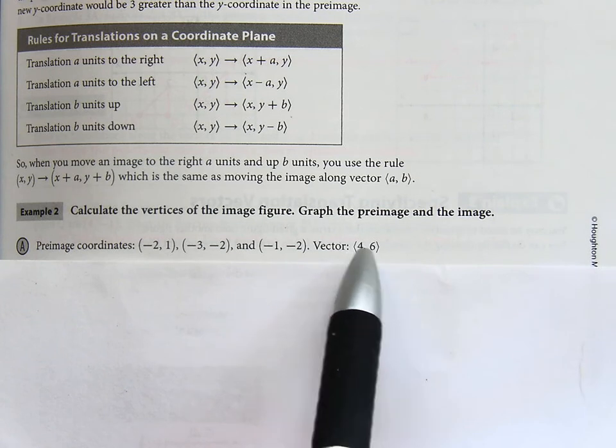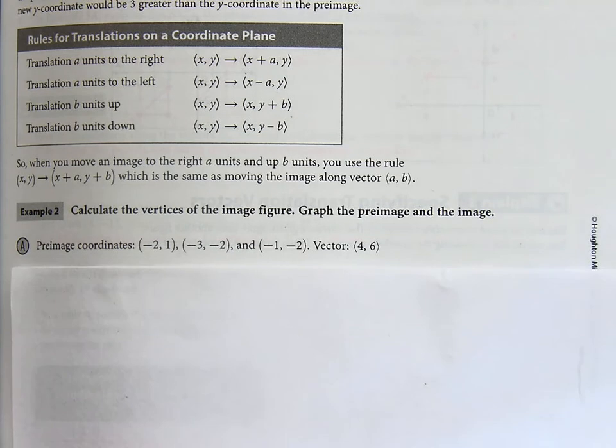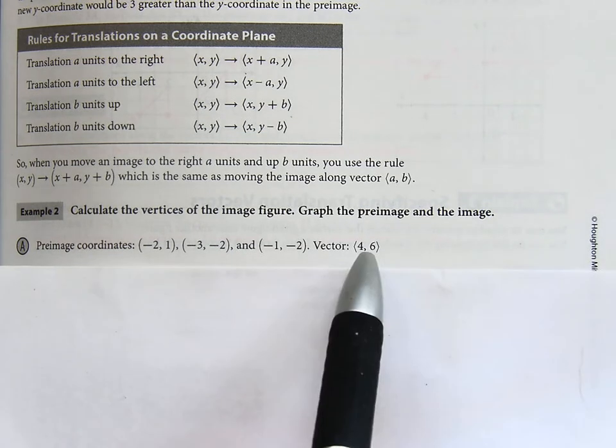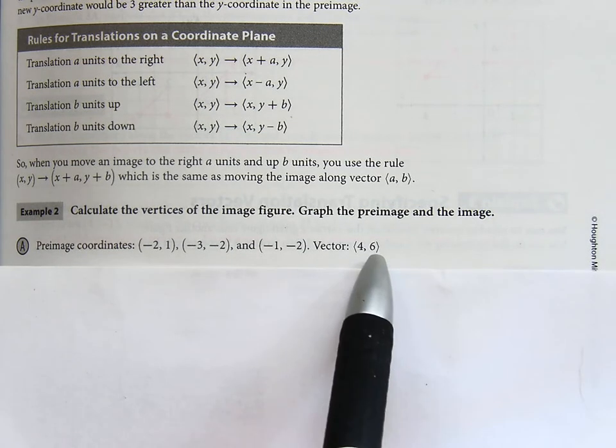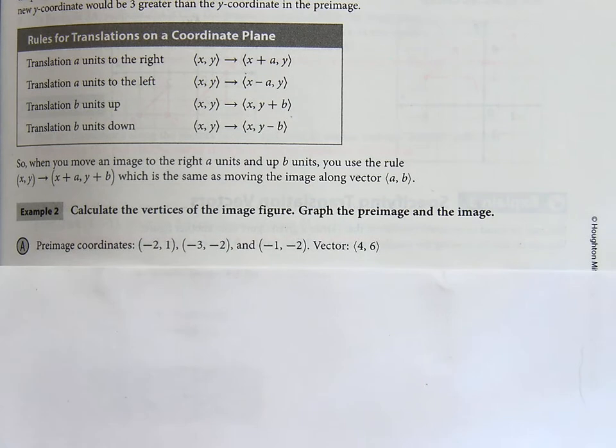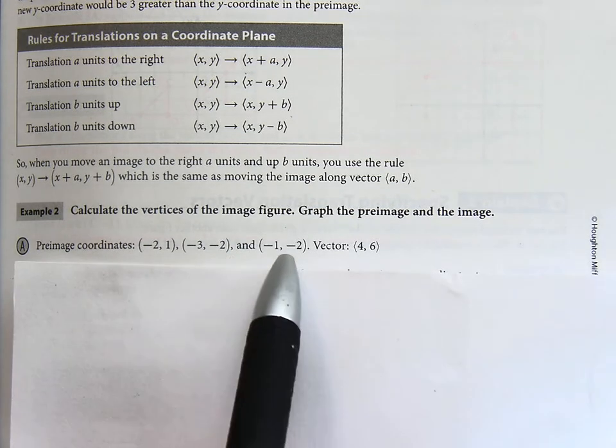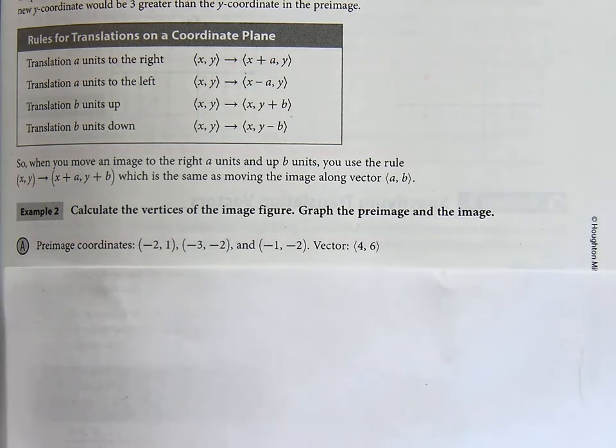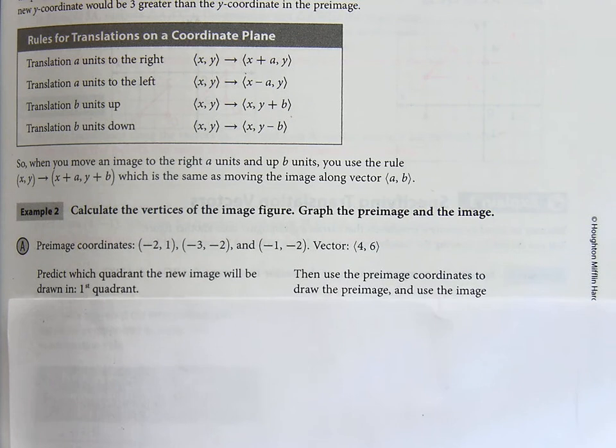Be mindful, this is my a and this is my b. So we're going to add this to our x and this to our y, and we're going to do it for each point, because remember, we're shifting the entire figure by the same quantity.